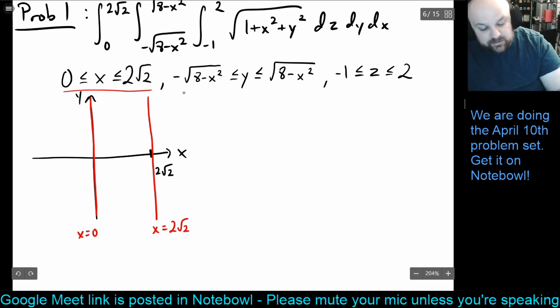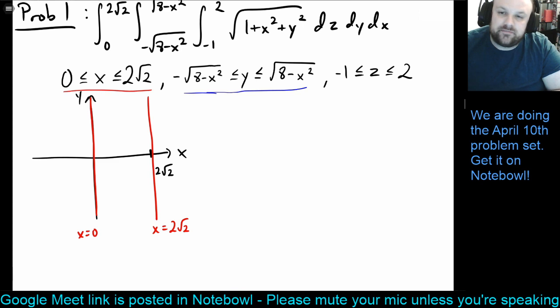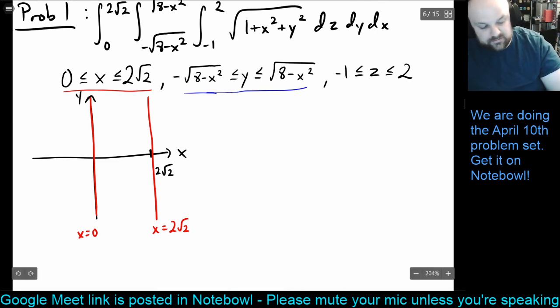What do these equations tell us? Well, hopefully you recognize that this is the top half of a circle, and this is the bottom half of a circle of radius square root of 8, which is 2 square root 2. Let's put the bottom half in green, top half in blue.